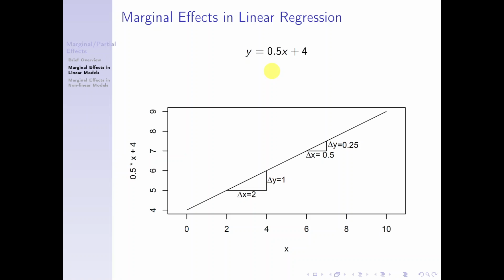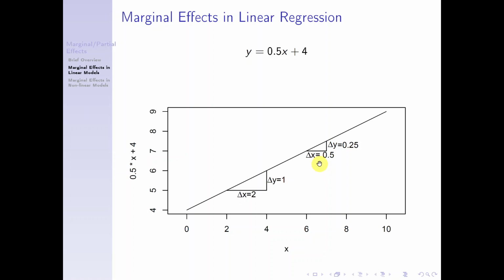Okay, so that is a very powerful and interesting feature of linear models. That is, the coefficient in front of the predictor is exactly equal to the marginal effect of that predictor on a response variable. So no matter how small we shrink delta x, it doesn't matter.